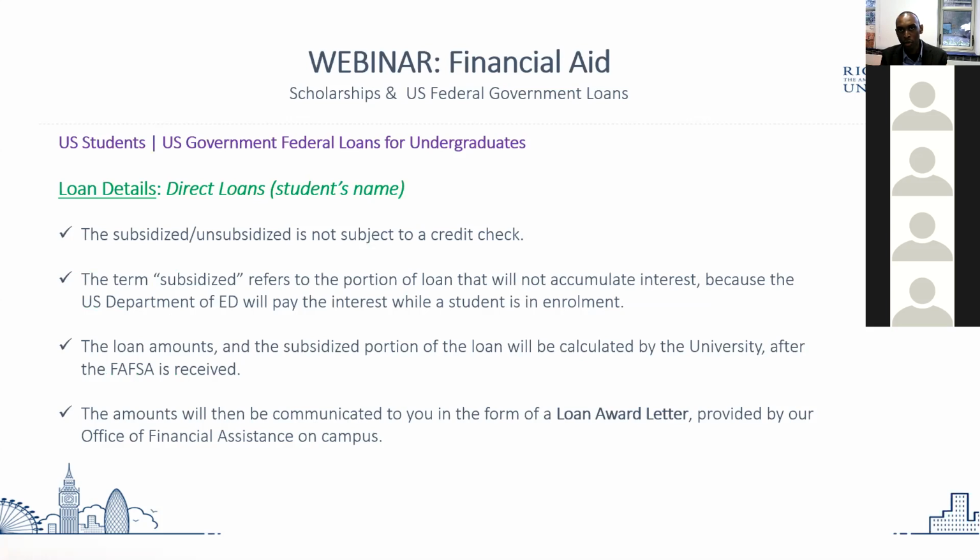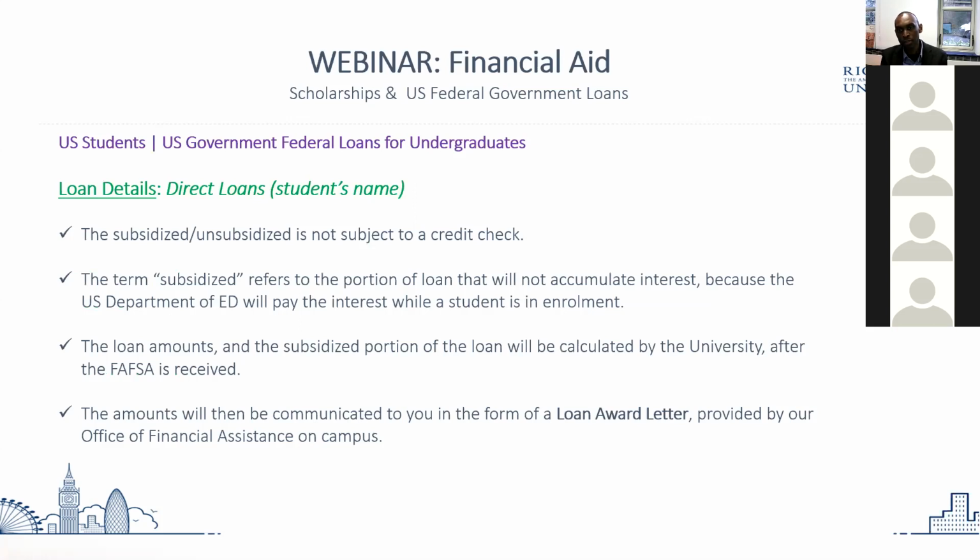And then based on the FAFSA information that we received and based on the calculations outlined through federal regulations, the letter will tell you which portion will be subsidized and which portion will be unsubsidized. So for example, in the loan award letter, we might say something like 3,500 is subsidized and 2,000 is unsubsidized.